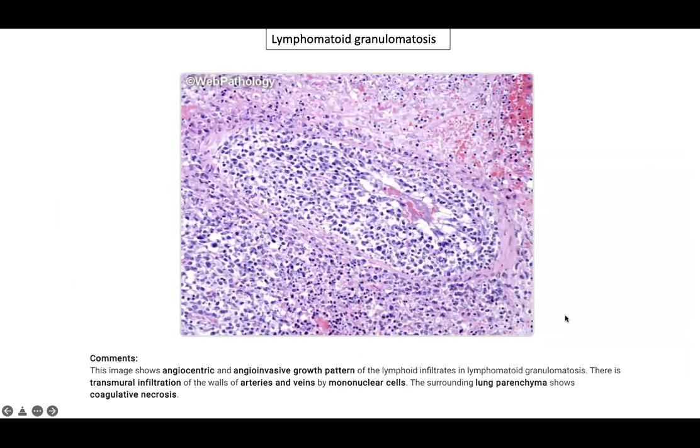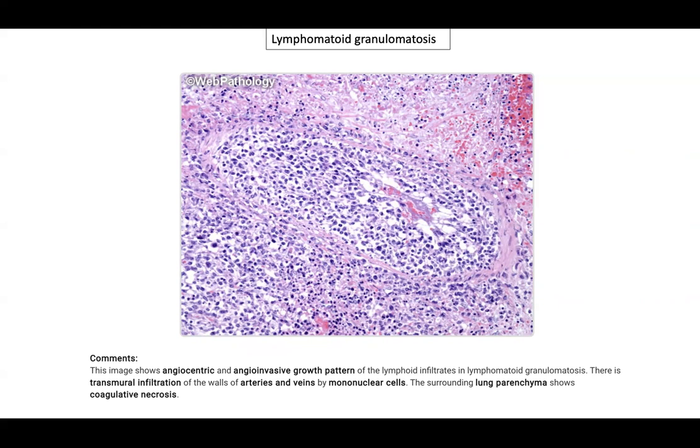So here is an example showing lymphomatoid granulomatosis. This is from Web Pathology. And you can see this angiocentric and angioinvasive neoplastic growth pattern of the lymphoid infiltrate. There's actual transmural infiltration of the walls of various blood vessels by these mononuclear cells.